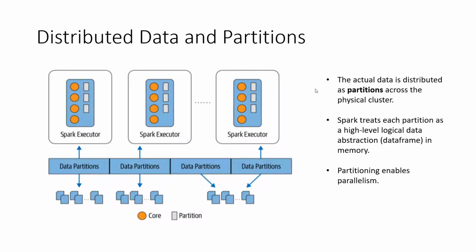With Spark, the actual data is divided into partitions and then spread across the physical cluster. So we can use a cluster to process a data set which is larger than the size of a single machine. We can use the aggregated capacity of all nodes in the cluster to process a very large data set.